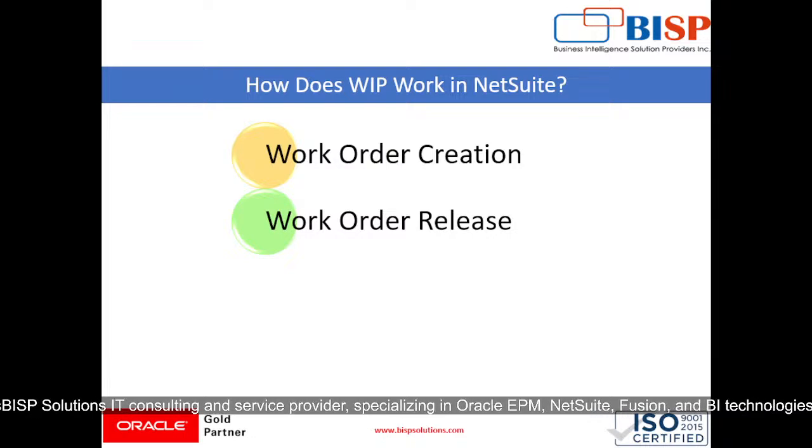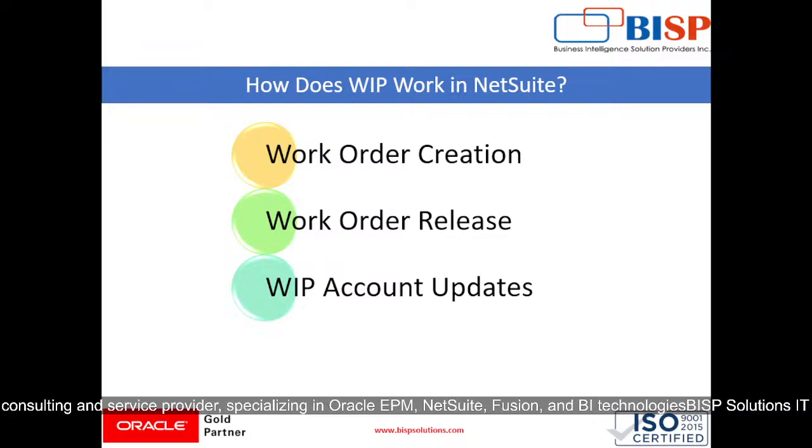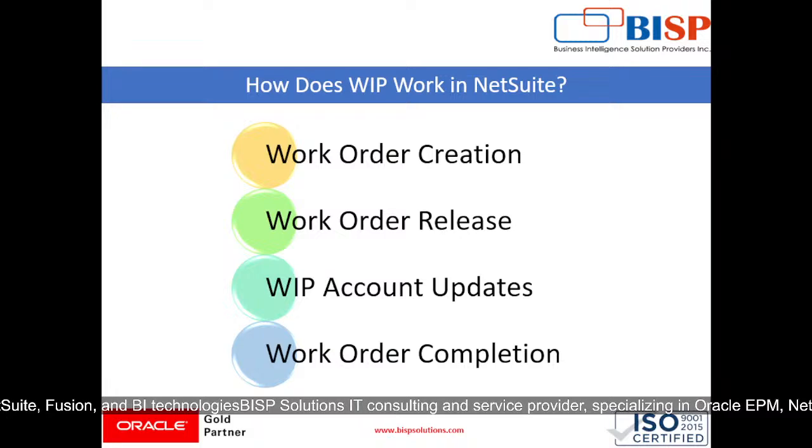So the value of consumed materials and labor is captured in WIP. After that, WIP account updates: as work progresses, cost accumulates in the WIP account. Once the work order is completed, the WIP value is transferred to the finished goods inventory. After that, work order completion, where upon completion, NetSuite moves cost from WIP to finished goods and the items are ready for sale or shipment.